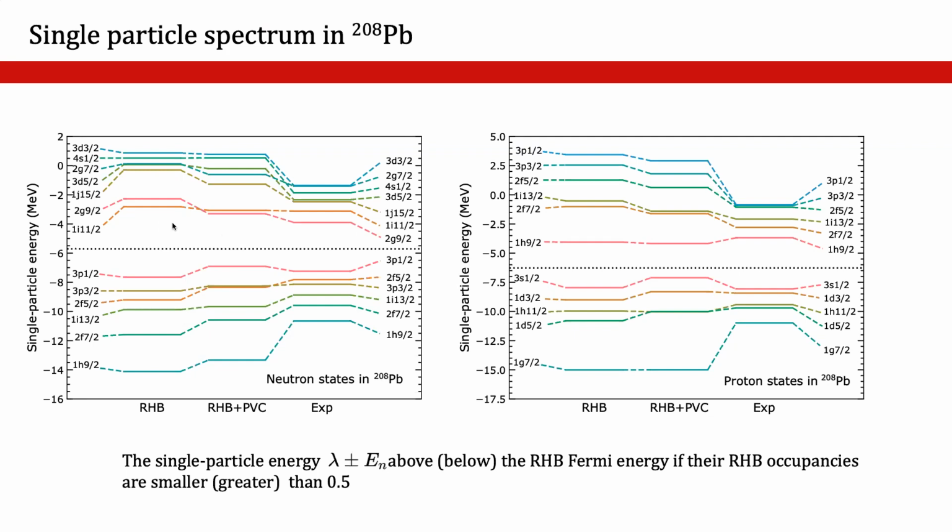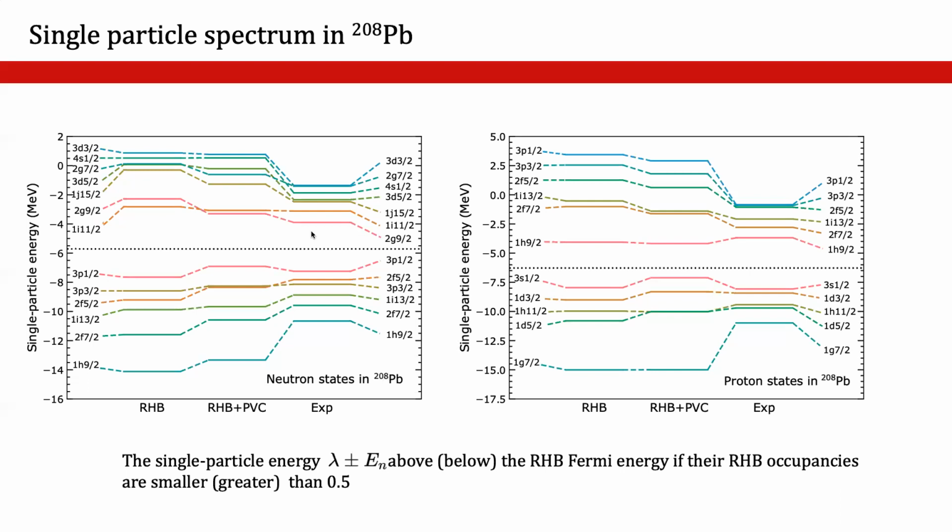This is very important. An important example is the inversion of the 2g9/2 state and the 1i11/2 state. This inversion will give the correct spin of the lead-208 ground state.